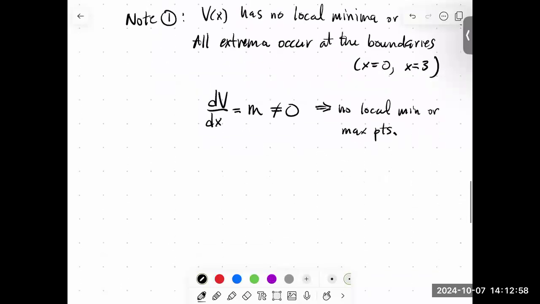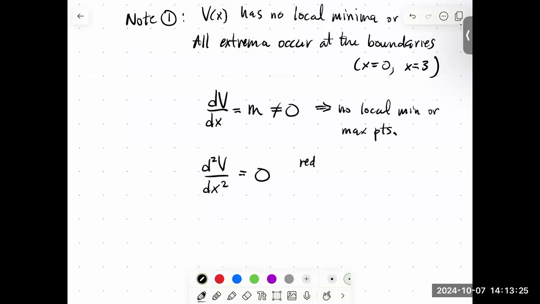Okay, and just to be thorough, if we took the second derivative, then we would get zero, right? This is actually Laplace's equation. And when your second derivative is equal to zero, the second derivative test is inconclusive. But we can already see that the first derivative has no zeros, so there are no minimum or maximum.